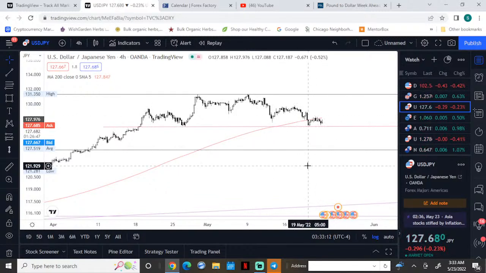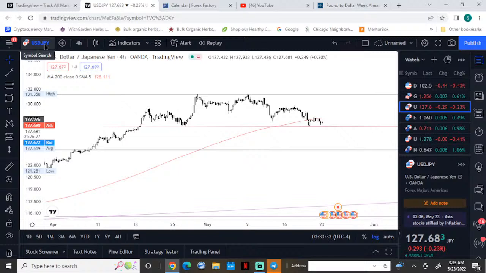So right now we're gonna look for either a break and retest and a drop, or is this a hit and retest? I'm gonna look for an engulfing candle to let me know if we're gonna go higher.